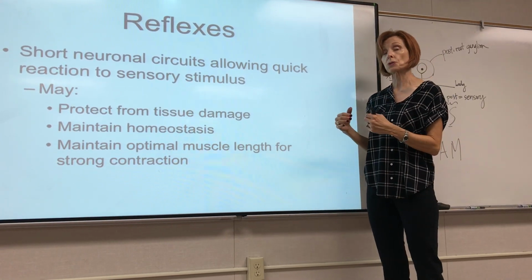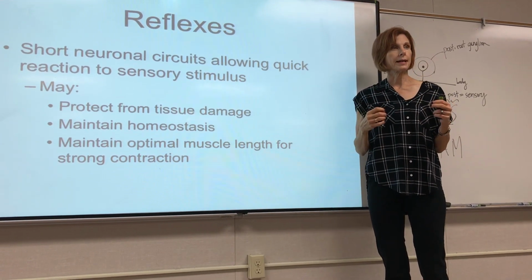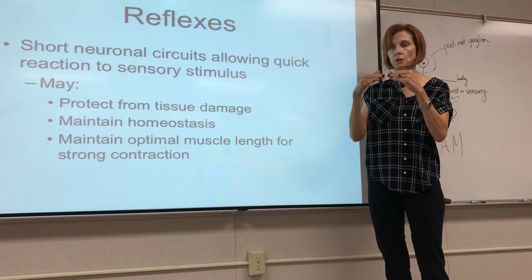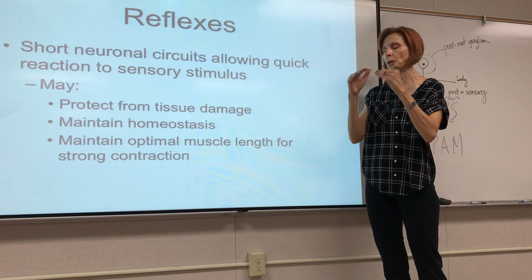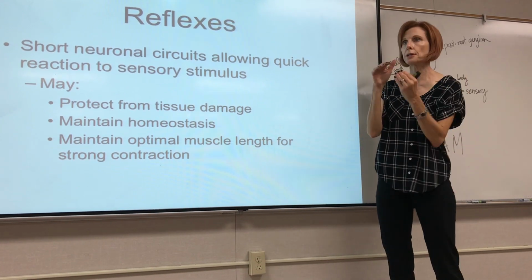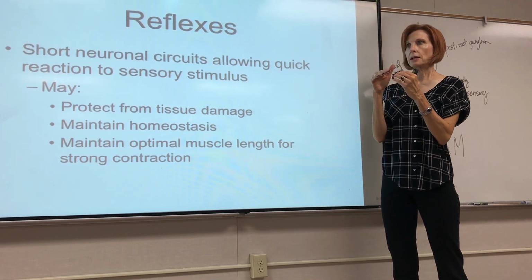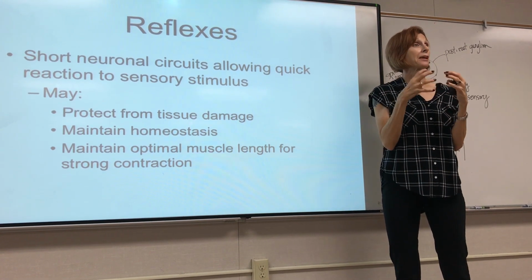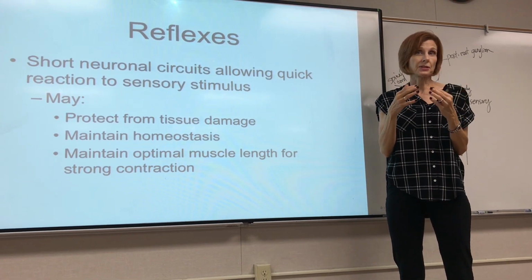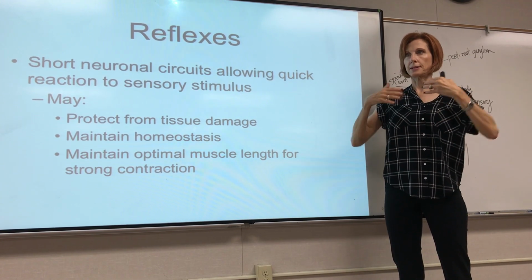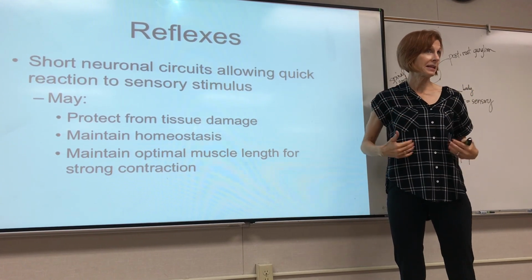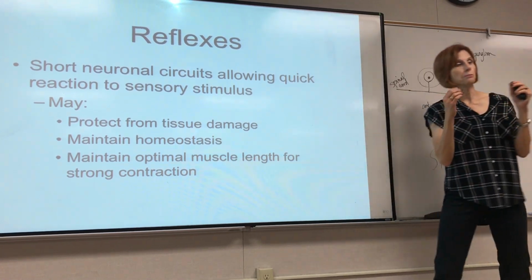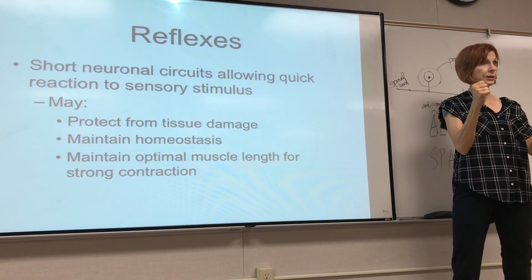And so those reflexes, what they do is they help to constantly sense the tension or the stress or the stretch in the muscle. So they keep adjusting the amount of contraction in the muscle. And this helps to maintain posture and keep us upright, but it also keeps the muscle at an optimal length for contraction.